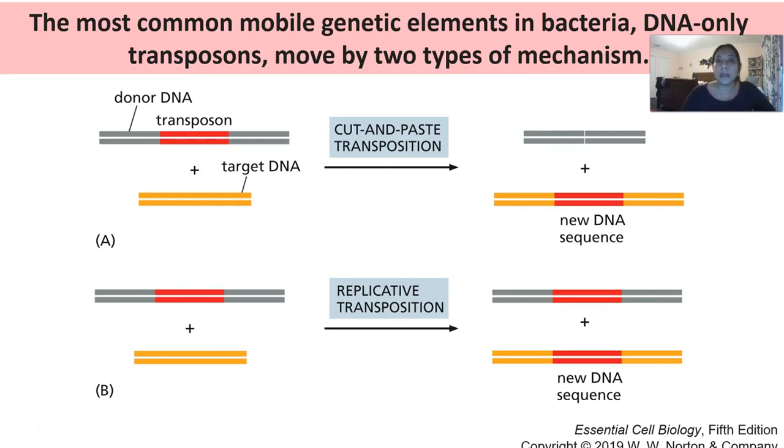The most common mobile genetic elements in bacteria are usually DNA-only transposons, so they are DNA sequences. Here is an example where you have a donor DNA, a sequence of DNA that has the transposable element, the transposon, in it.